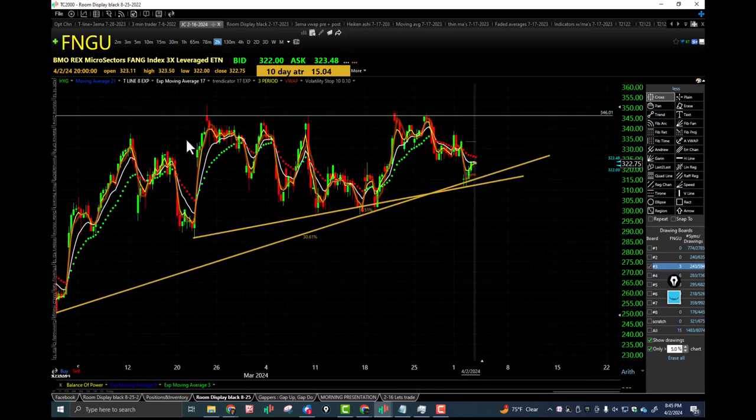So FNGU is just still consolidating, but look at how many times it's been up to this area right here. All right, and tried to get on top of it and close candles and consolidate. When it gets up on top and finally consolidates over to the right, look out, because then they're going higher.